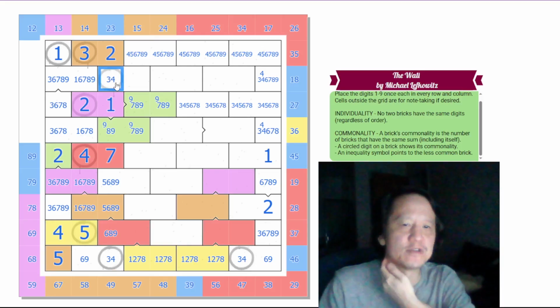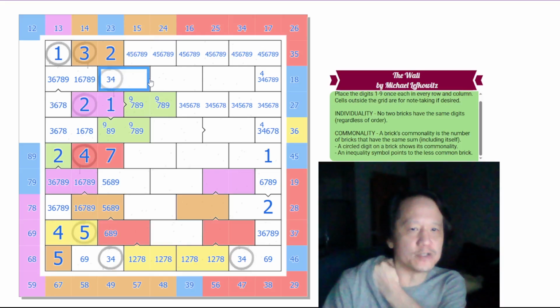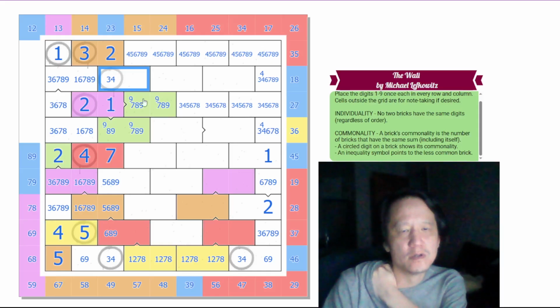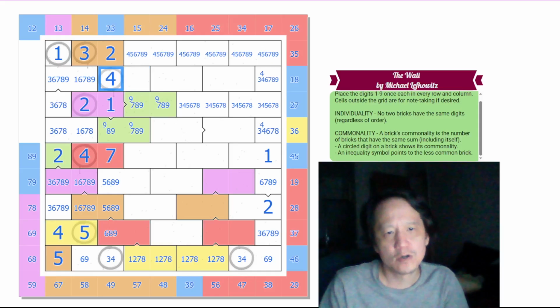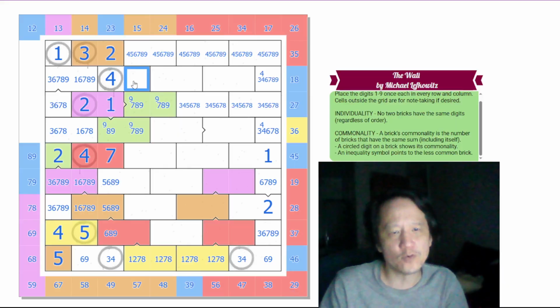We don't have another 3. So no, this does have to be 4 something. So this is 4. And the only other 4 is 4 and 3. That has 4 commonality. So this is 4 and 3.